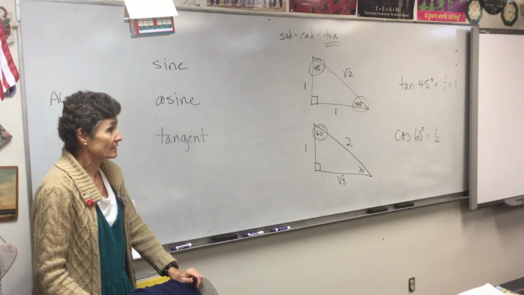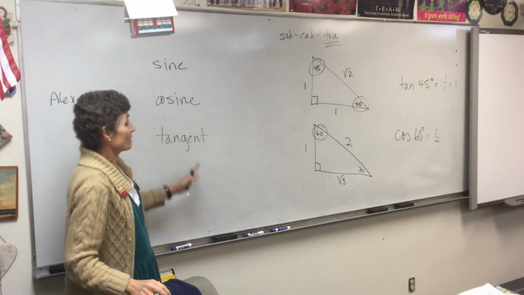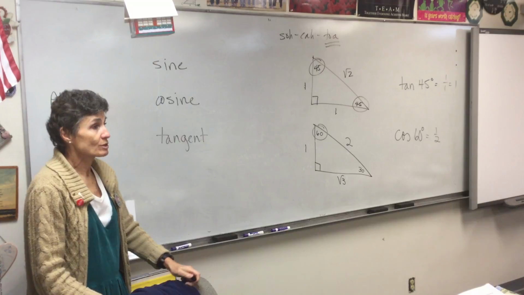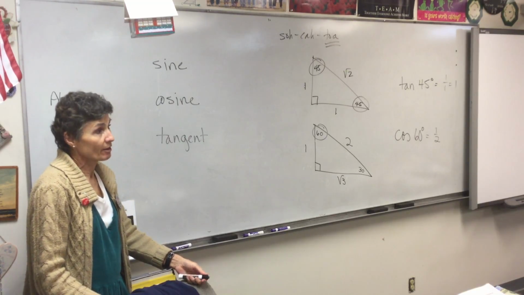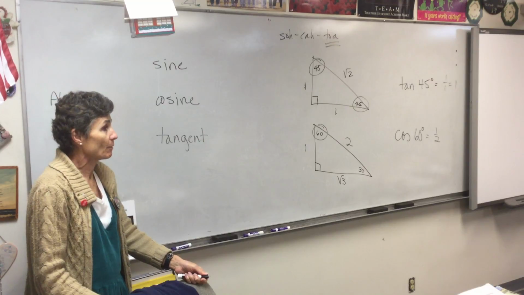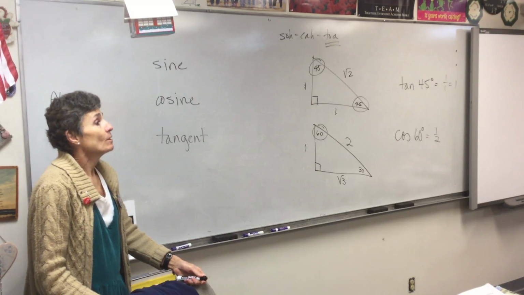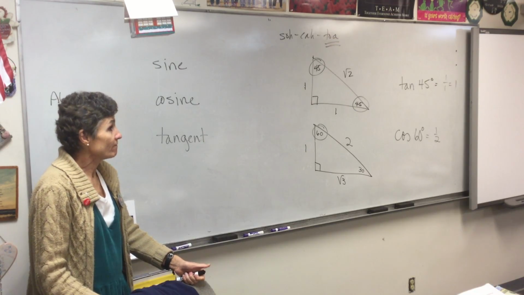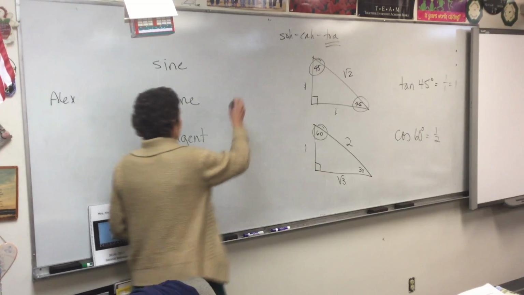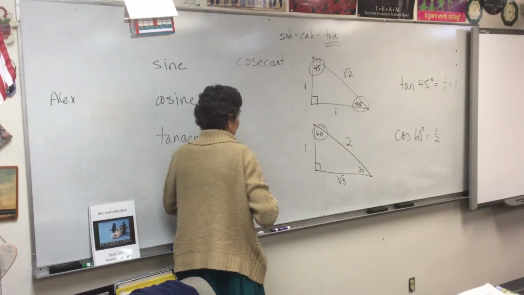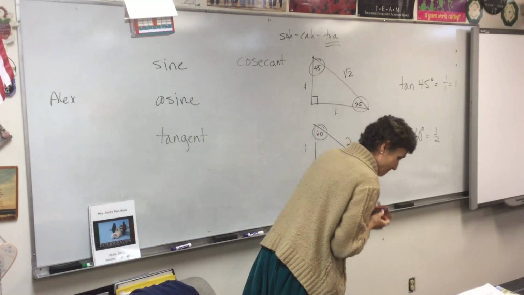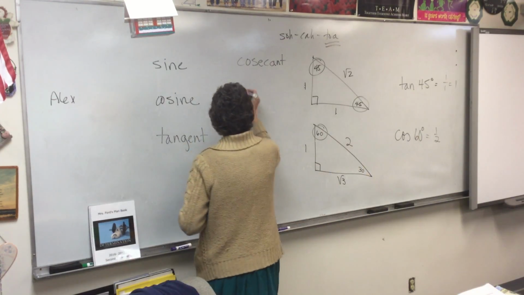There are 6 altogether. These are the big 3. They're the ones we use the most because they're on our calculator. The other ones are not on our calculator, and we'll have to talk about how we're going to deal with that later. What are the other 3 functions? They are the cosecant, the secant, and the cotangent.